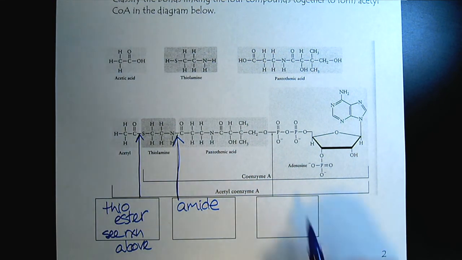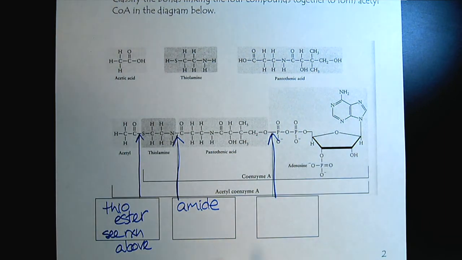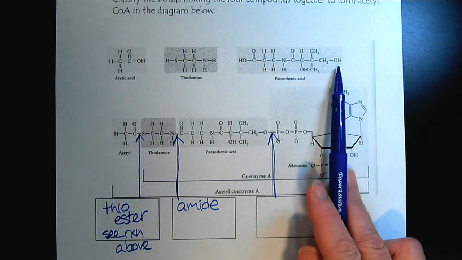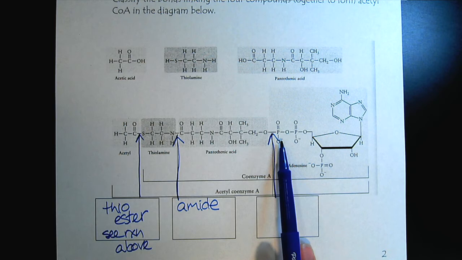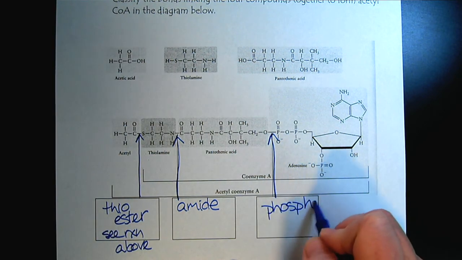And then the last linkage is right here. We can look at the pantothenic acid, and we notice it was an alcohol, and an alcohol linking to a phosphoric acid. So that's a phosphate ester bond.